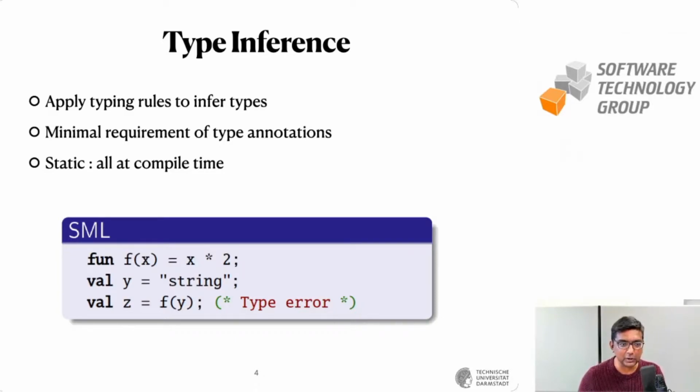We look at an example of how typing rules are used to infer types, but here again is the same example where you don't have any actual annotation of what the type of x, y, or z are, but the language is still able to detect that f of y is an invalid call because the type of y and the expected type of the first parameter of f do not match.